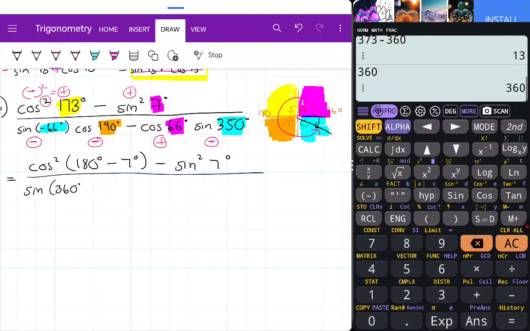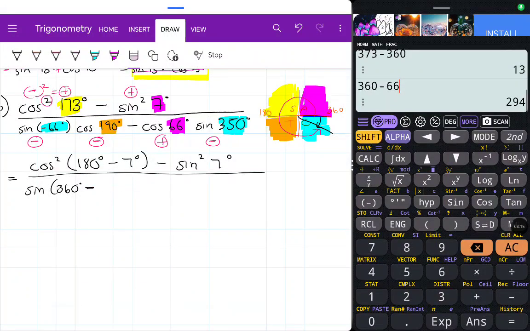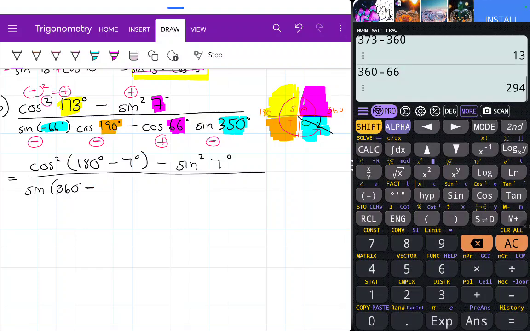So I'm going to say 360 minus 66 degrees, and what I'm left with is 294. Wait, actually, no. We want the answer to be 294. So we're going to say minus 66 equals 294.